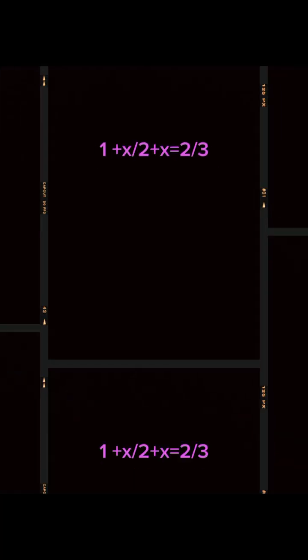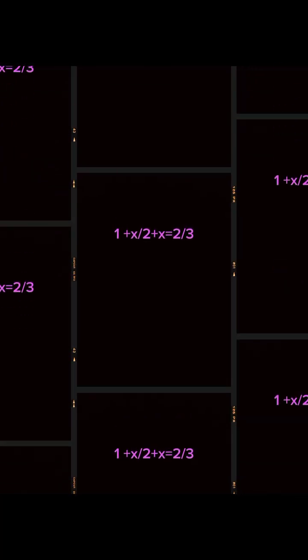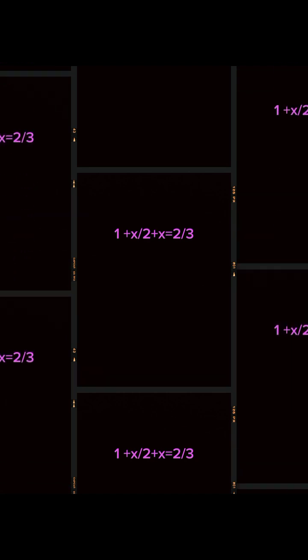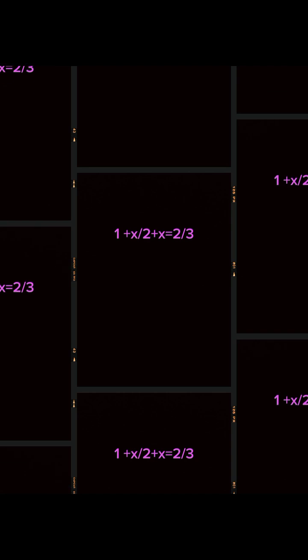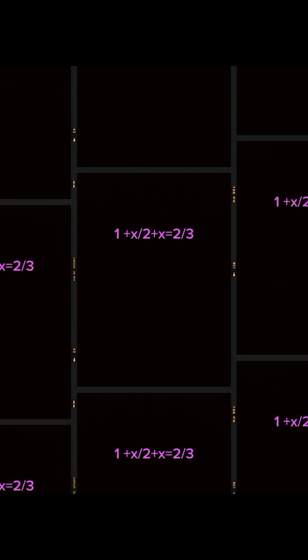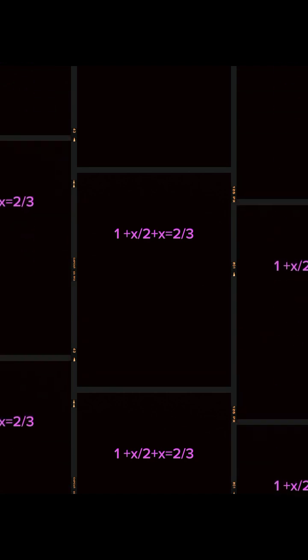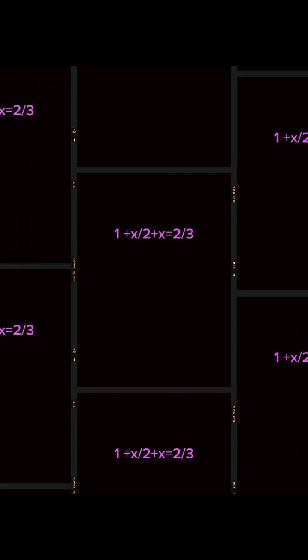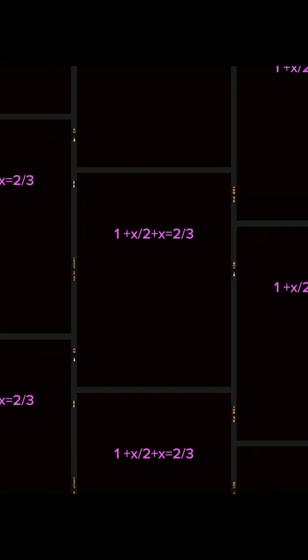Now to cross multiply, we already have 1 plus x over 2 plus x is equal to 2 over 3. So if you cross multiply, the 2 plus x, which is the denominator, is going to multiply the 2, which is the numerator of the other fraction at the right hand side. That's what cross multiplication means, all right?